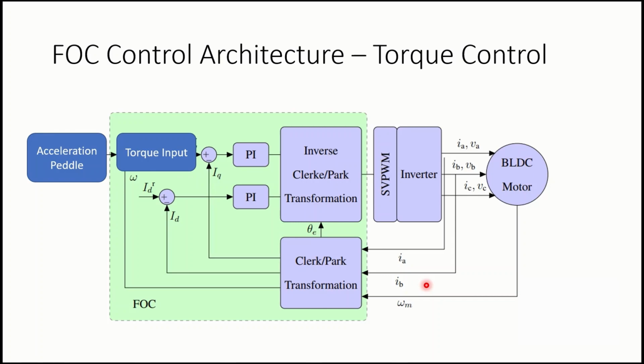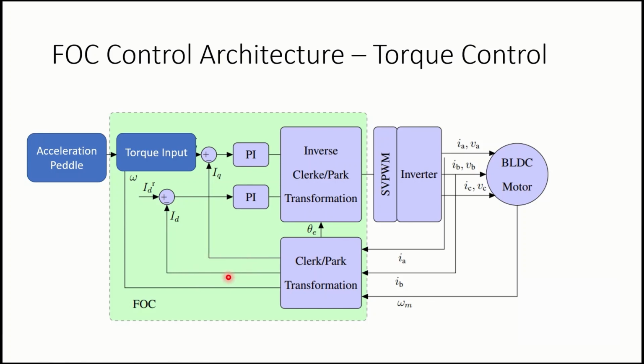So the motor's frame of reference, the ABC frame of reference, with the help of the Clarke-Park transformation, we convert into the DQ frame of reference. Okay. Now we have that DQ frame of reference.